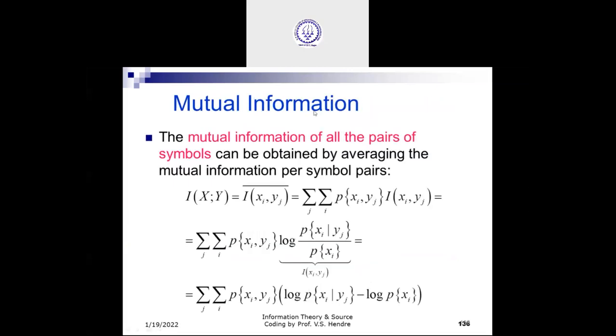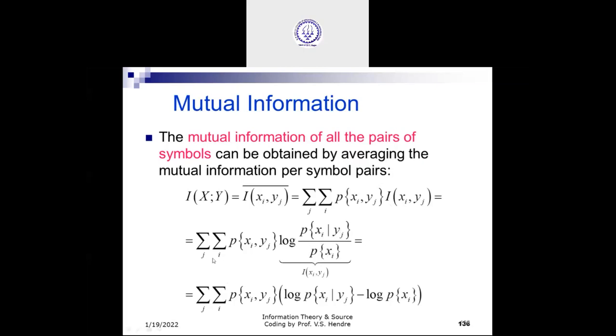To establish the formula for the mutual information, we know I of xi semicolon yj. Let us take the average value of this, which will give me I of capital X semicolon capital Y, which is the summation over j, summation over i, p of xi comma yj into I of xi semicolon yj. Now I of xi semicolon yj we have already defined, that is log of p of xi given yj upon p of xi.